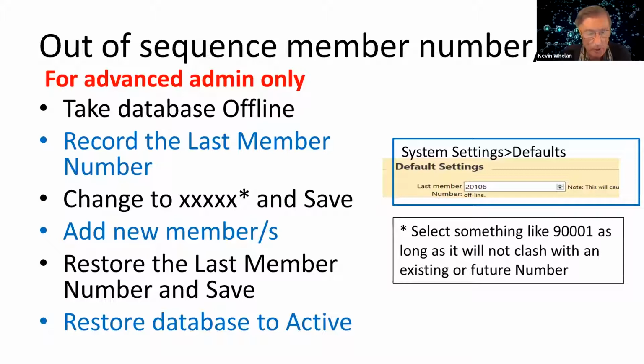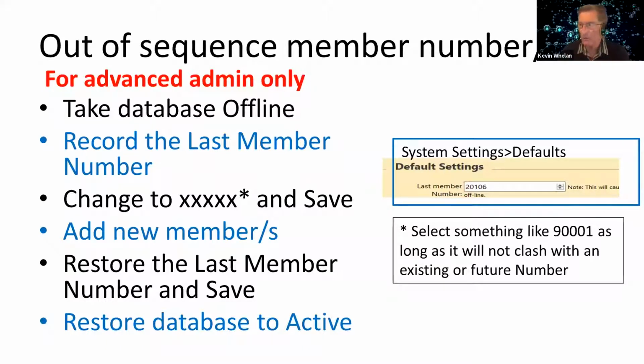That member will be automatically created and given the member number that is next in the list. If you go into your system settings and defaults, it'll tell you what the last member number is, and you will be allocated the next number in the list. Now, there's nothing wrong with doing that, but if you didn't want to, you can create a sequence of numbers in a separate range altogether.